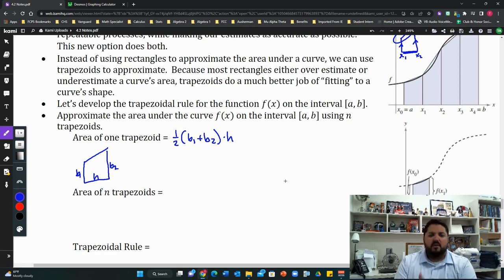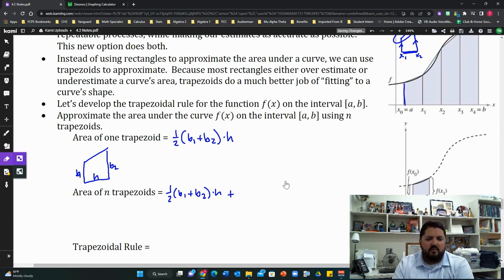But if I have n trapezoids, so if I keep adding all of these up over and over again, that would be the first two bases multiplied by its height, but then the next set of bases would be used. So let's rewrite this. The first set of bases on this diagram would be x sub 0 and x sub 1.